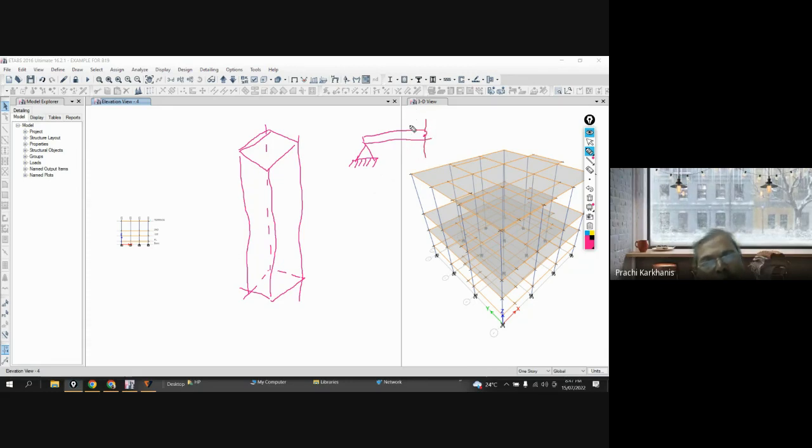If somebody is pushing this by a force P, you will see that it will deform. It will deform like this, right? If you restrain this deformation, only then will the moment come here. Clear? See, again, try to make it in a natural way.